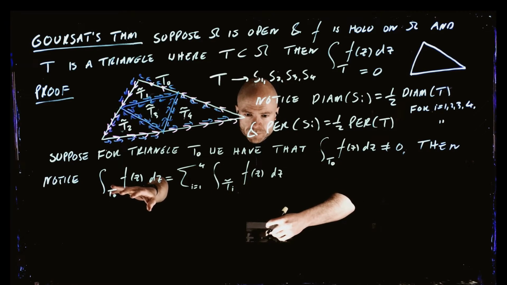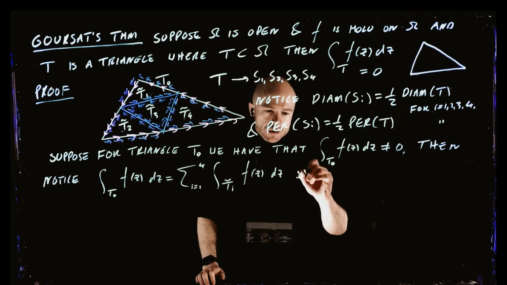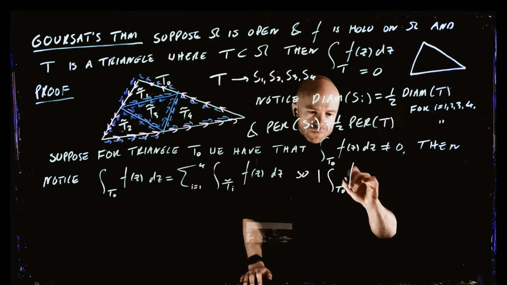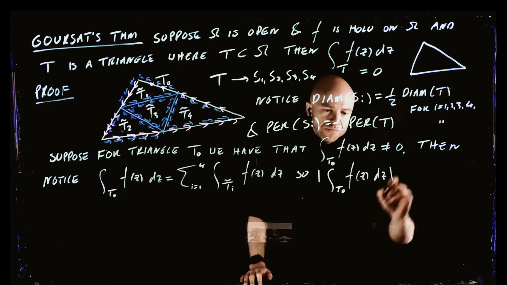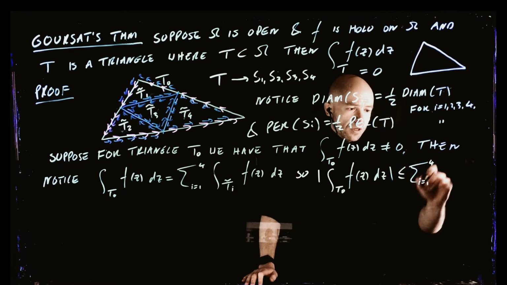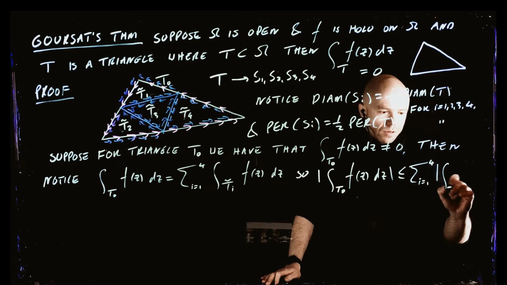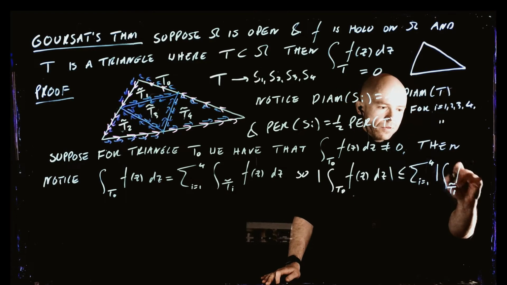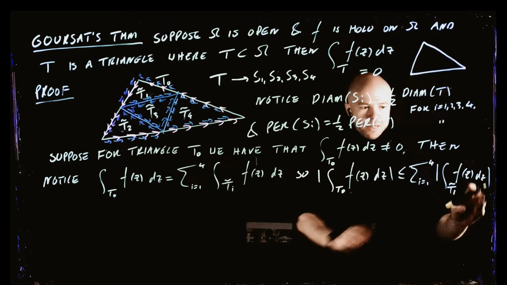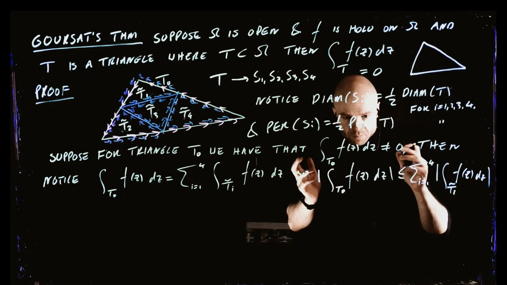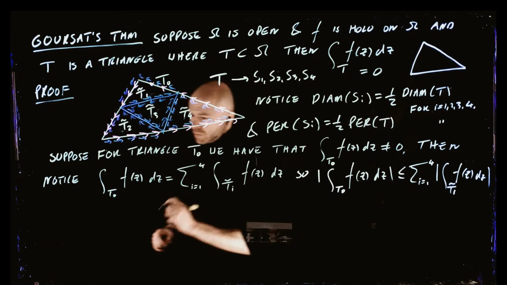It's because if we take the absolute value of the integral around T0 of f(z) dz, it is less than or equal to the sum from i equals 1 up to 4 of the absolute value of the integral around Ti of f(z) dz, just by the triangle inequality. So at least one of these numbers has to be at least a quarter of this.